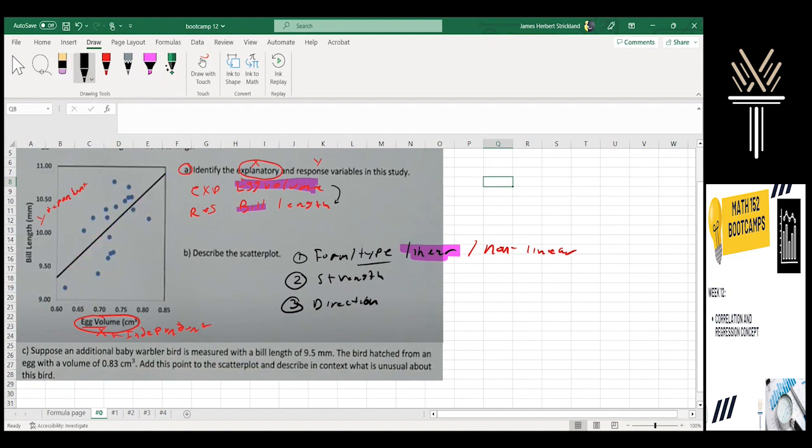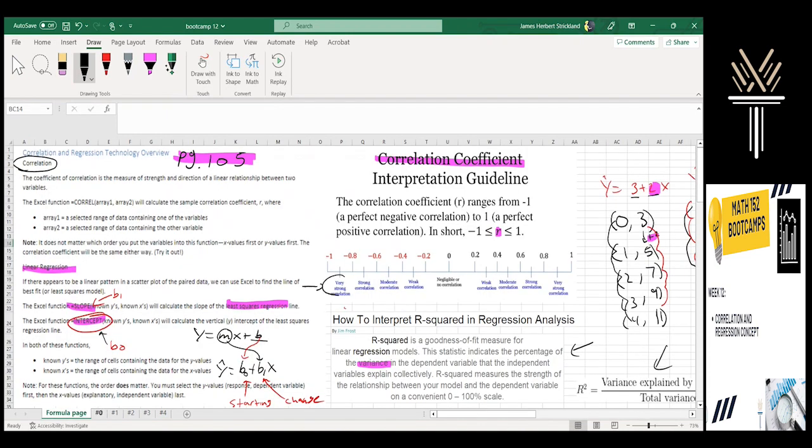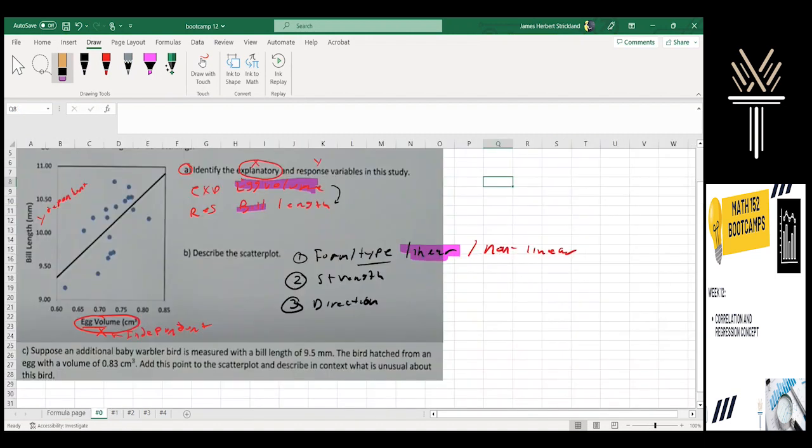The strength, you would technically need a value so that you can actually pick the appropriate strength word. So this down here, that's known as the strength. And if you knew what the value was, you would say, okay, my value is 0.3, so I would call it weak. So when we say moderate, weak, strong, very strong, those are strength words.